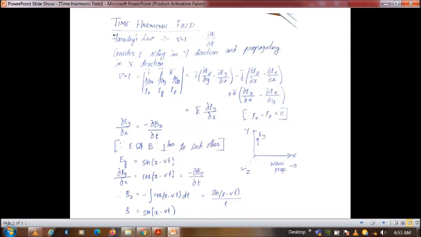By Faraday's law, dou Ey by dou x is equal to minus dou Bz by dou t.